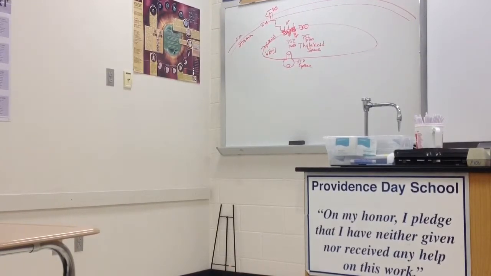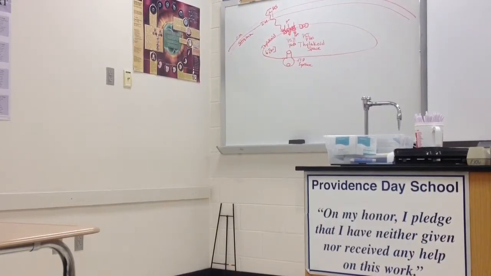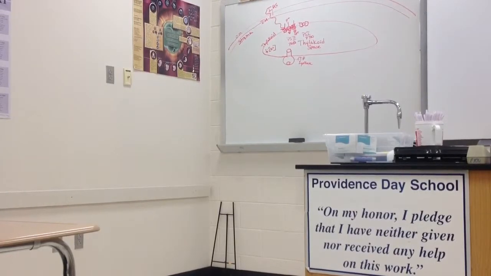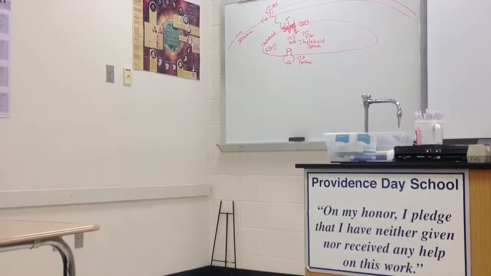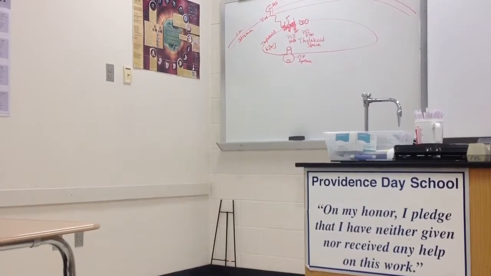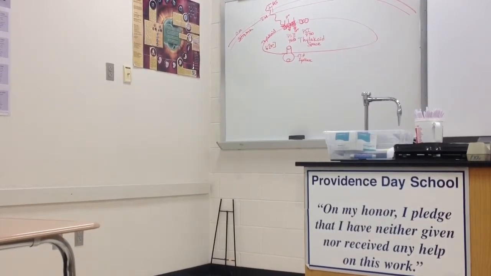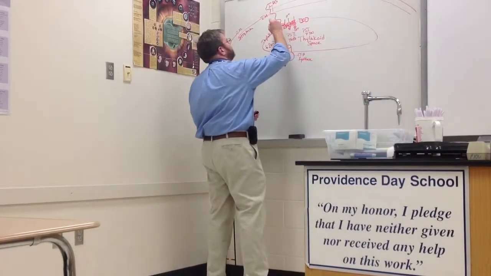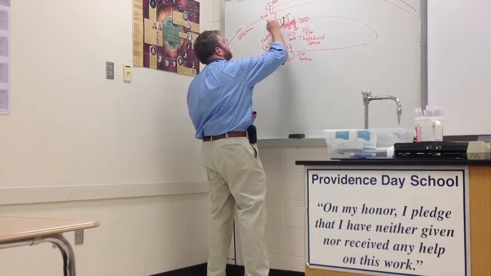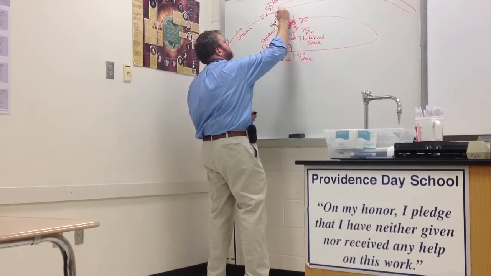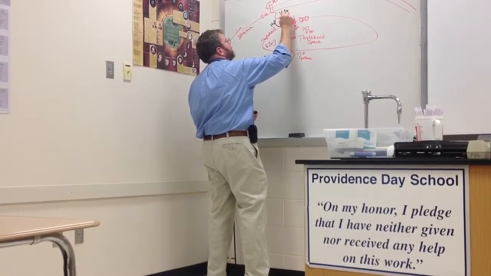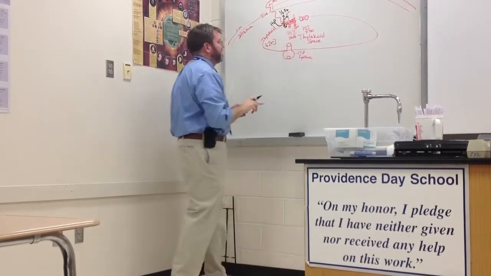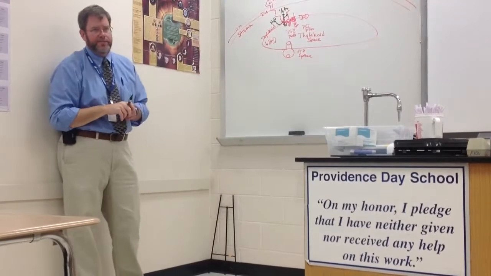Here it is the electron donor. Water's going to come in, it's going to release oxygen, it's going to release protons, and it's going to replace the electrons that got excited with some electrons from water.